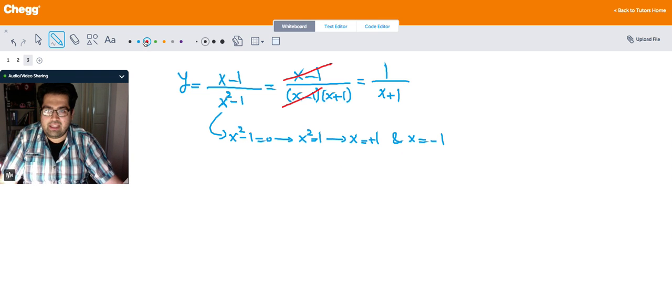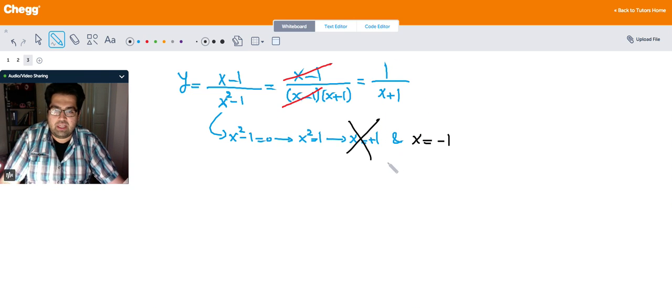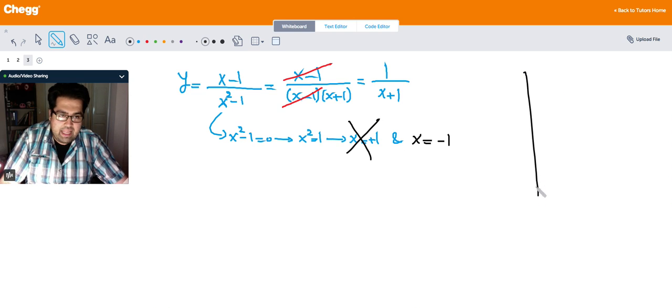For example, if I say x squared minus 1 equals 0, x squared equals 1, and x equals plus 1 or minus 1, that's not the case, because x minus 1 cancels. I'm sorry, here I need to say x equals 1 is not a vertical asymptote, because we canceled x minus 1. If we graph this function, we are going to see that at x equals 1 we have a hole.